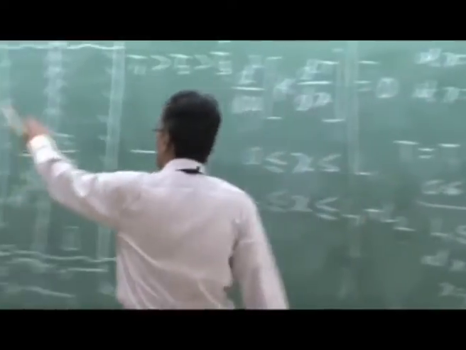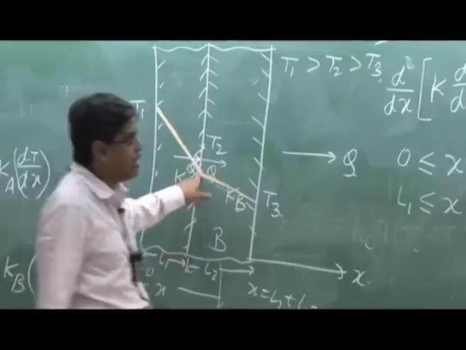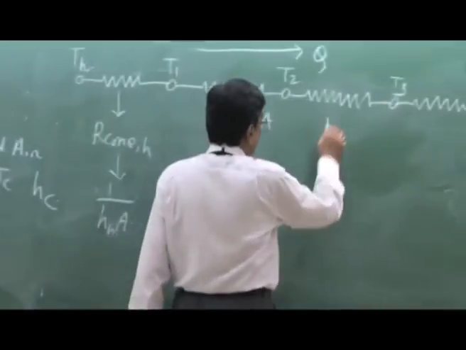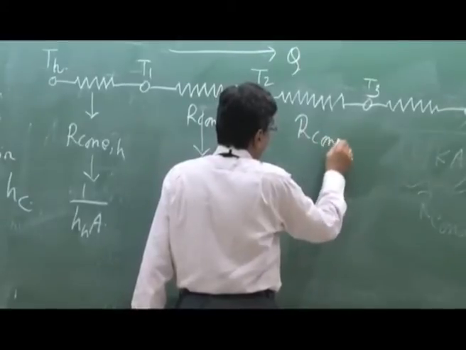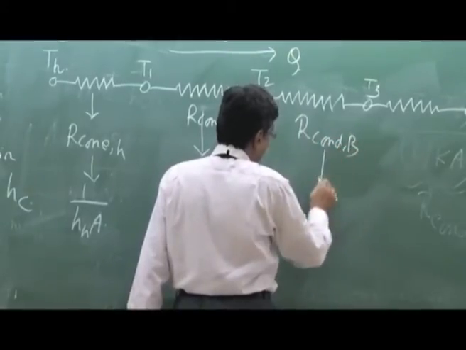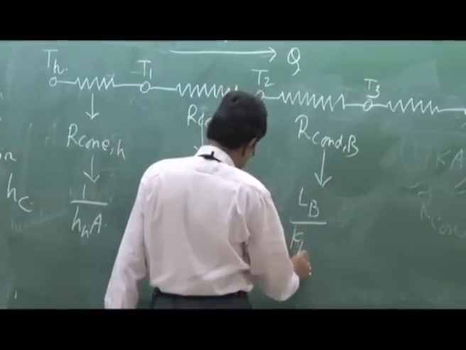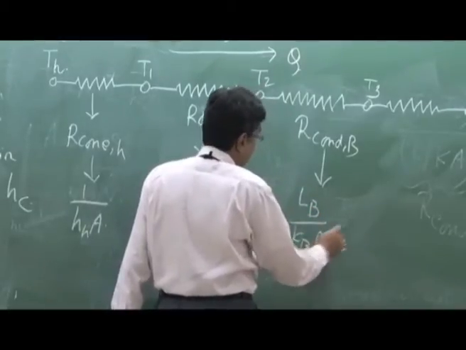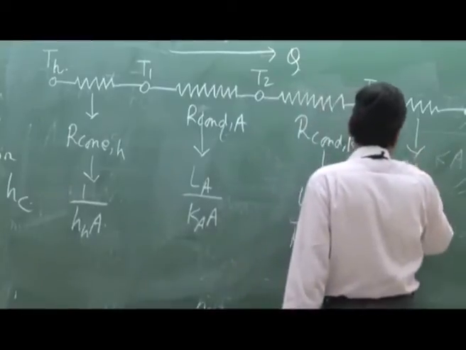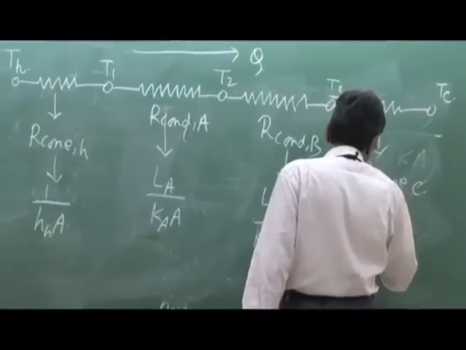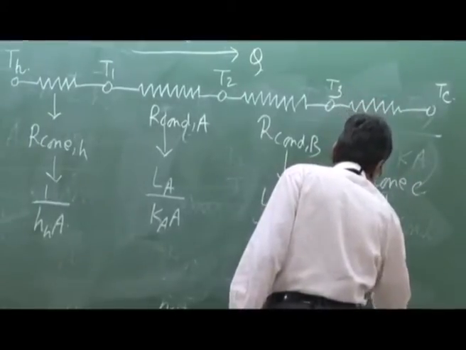Similarly you can solve that now. The same heat is going through. At this point there is a heat continuity. So this will be R conduction B, which is LB by KBA, and this is R convection cold, and that is 1 by HCA.